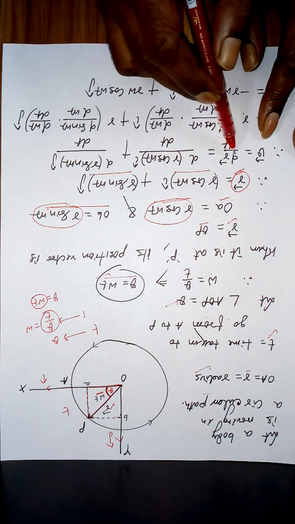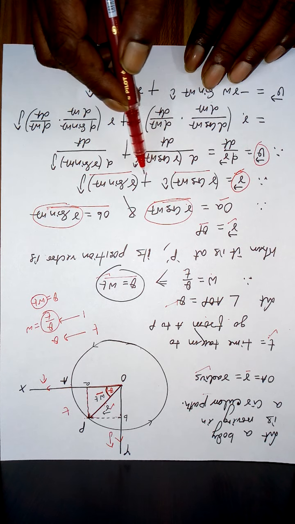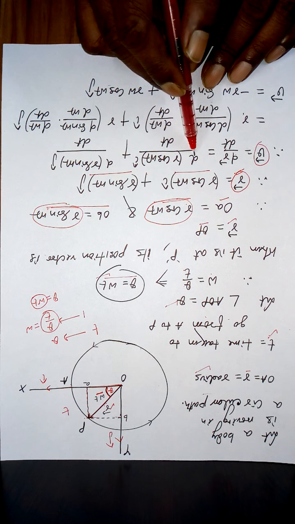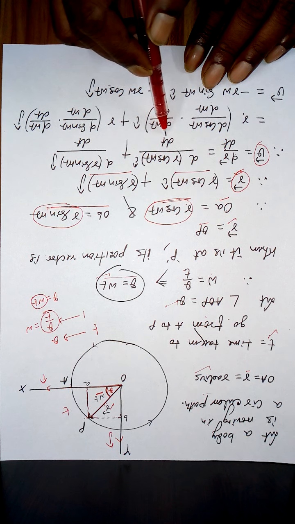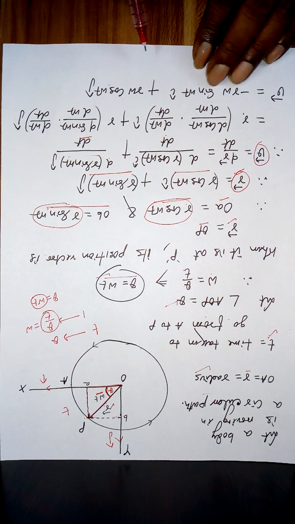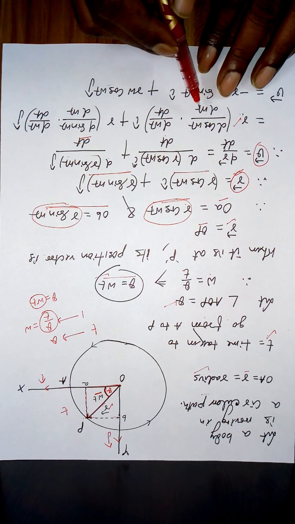So if you differentiate this, dr by dt will give you velocity. So let us differentiate this. Differentiation of this with respect to dt plus differentiation of this with respect to dt. Since r is a constant, it is taken out from the differentiation.